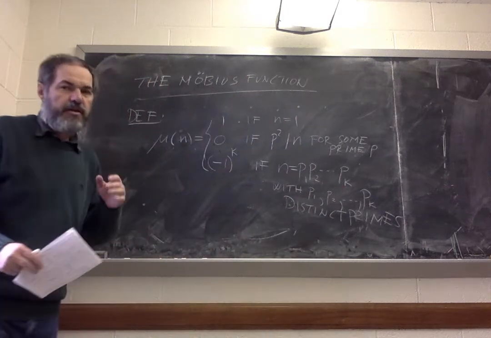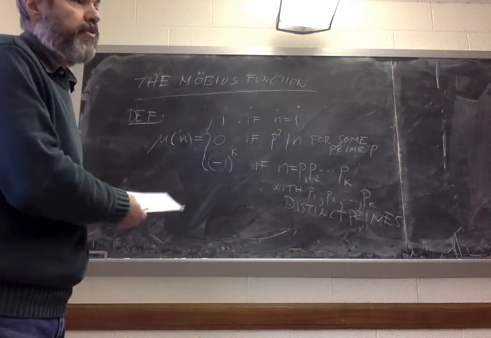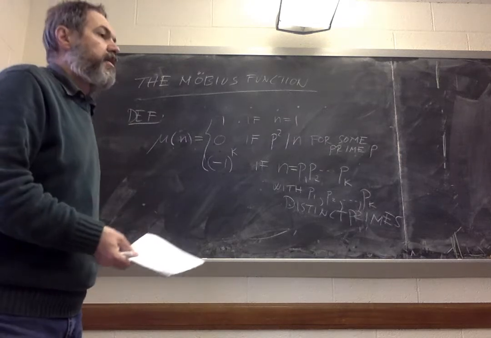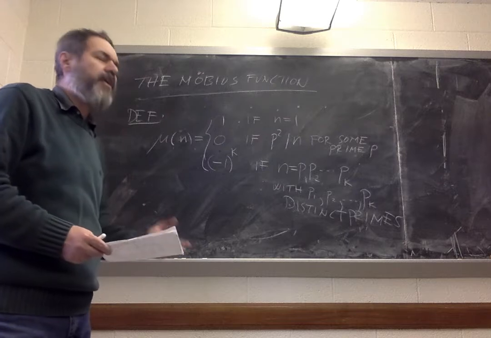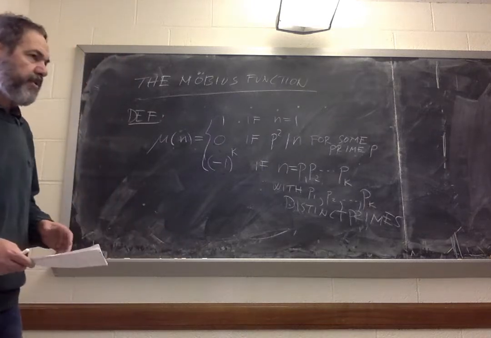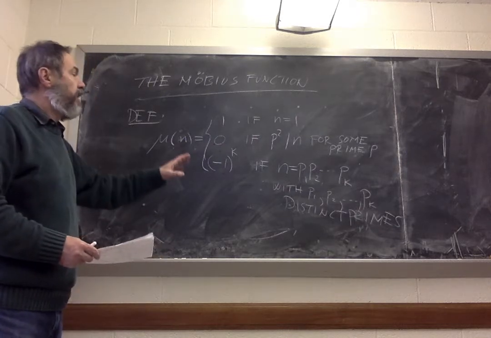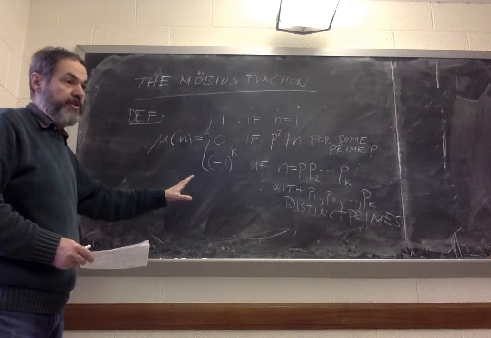So this looks complicated, and it is. The good news is that we don't need to know anything else. There are some things known about the Möbius function, but not as much as we would like. So we just use the definition.